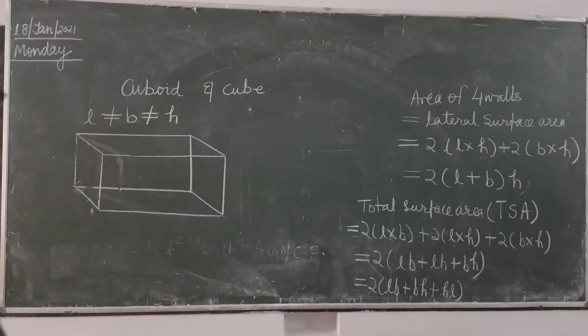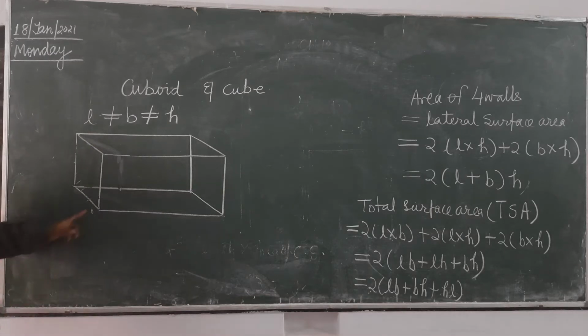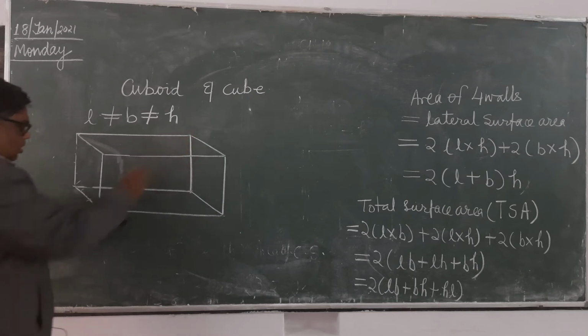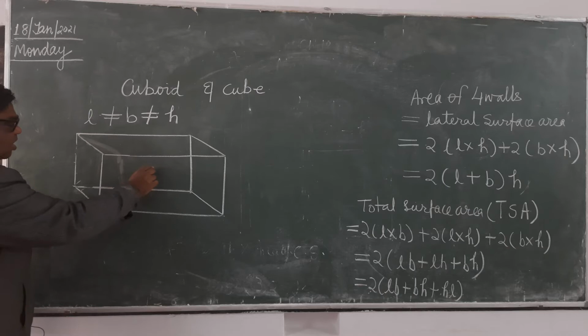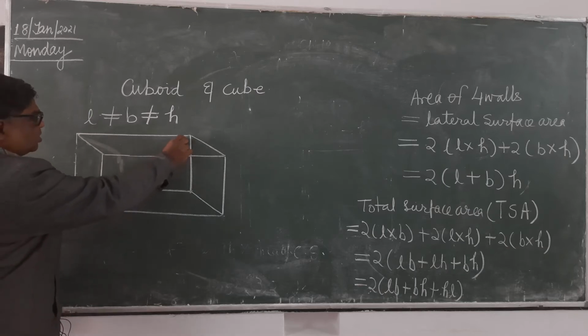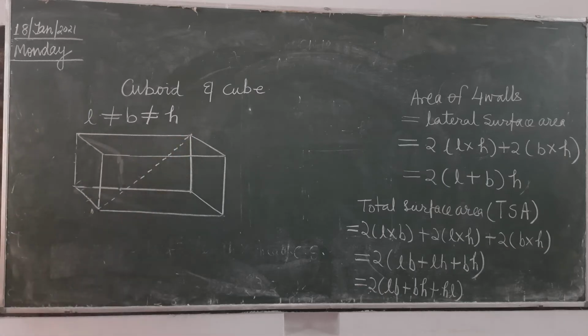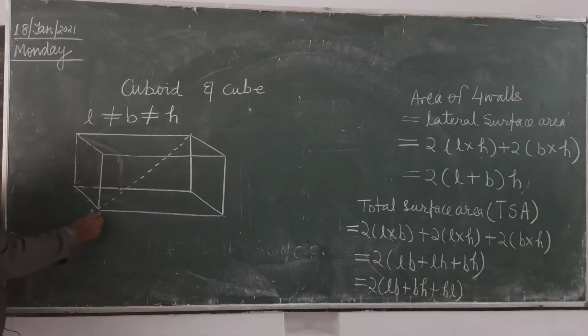What will be the cuboid here? You can see here, you join this vertex with this. This will be the diagonal. Now how will you find the length of the diagonal? So see here, what is this length?